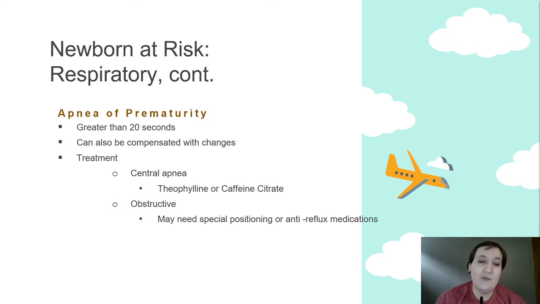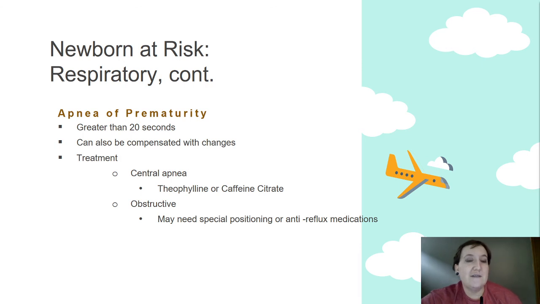Central apnea, if we continue to have this occurring, we might treat that with aminophylline or caffeine. Caffeine is probably more common. And then obstructive apnea might be due to reflux. So basically these babies are feeding and then their parents or the nurses are putting them at a 30 or a 15 degree angle and they're unable to tolerate that.